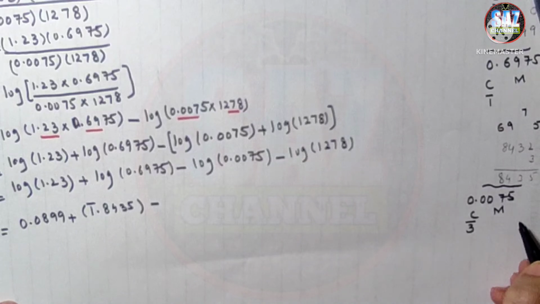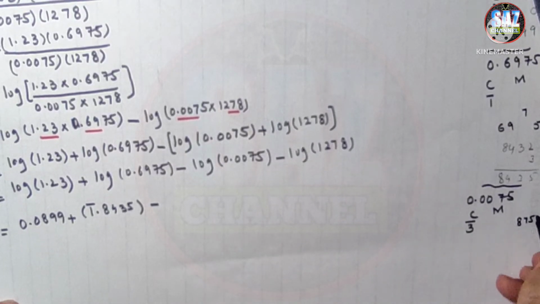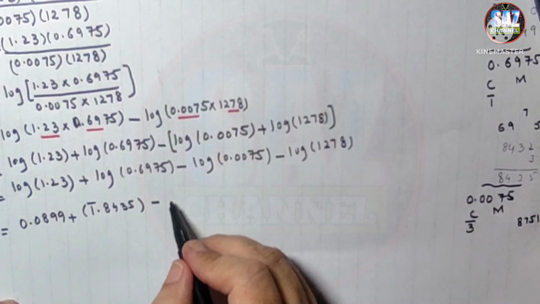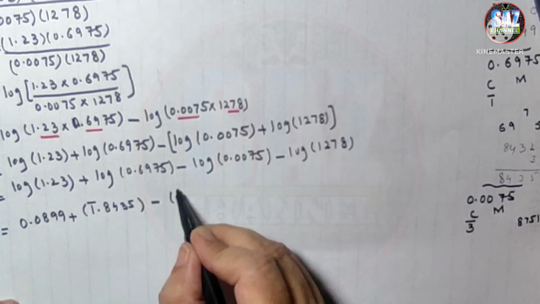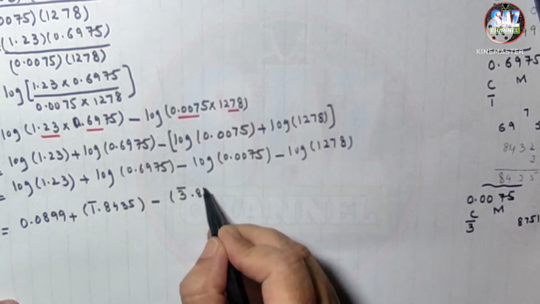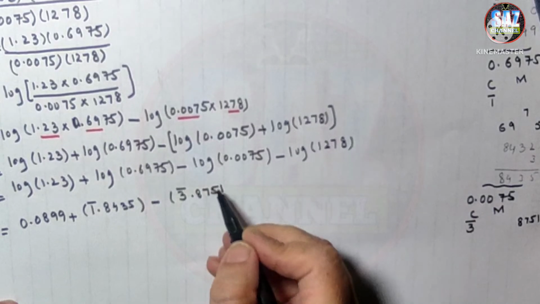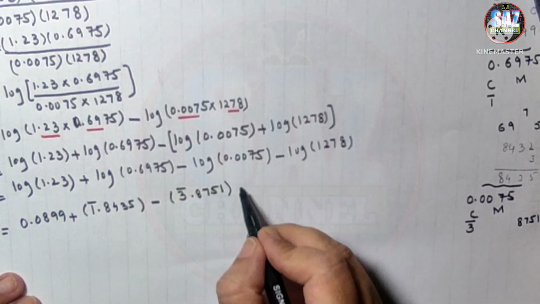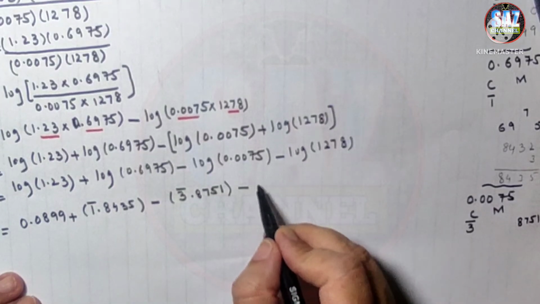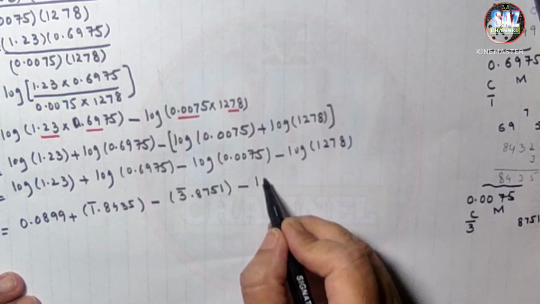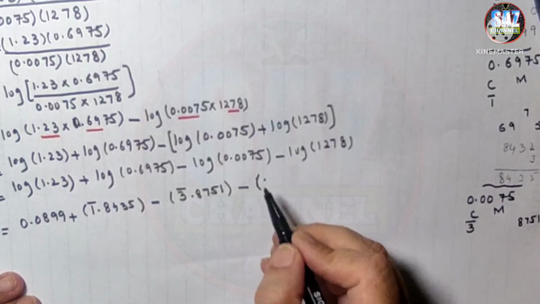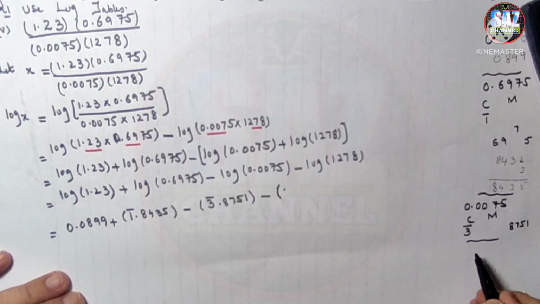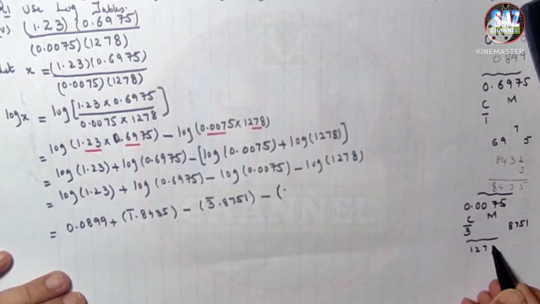Okay, so let me keep the book here. Mantissa is 8751. So the log of this part becomes 3 bar 0.8751, and now we have to go to the last part of the question, that is log 1278. Sorry, I have to put the bracket, and now the number is 1, 2, 7 and 8.